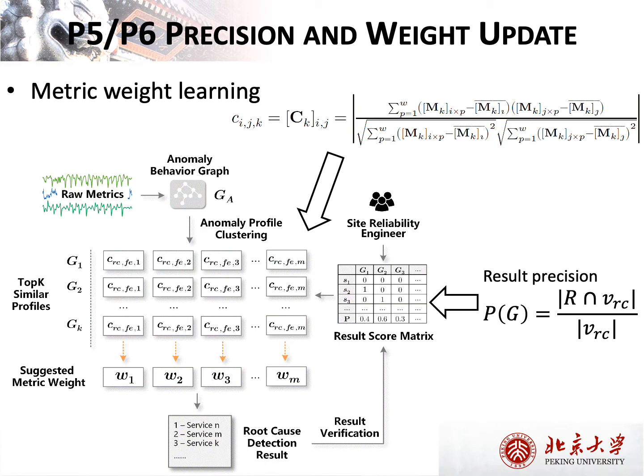Then service correlations and result precisions are calculated from historical data, denoted as C and G. Finally, these two pieces of information are averaged together as the updated metric weight W1 to Wm. The updated metric weight will be used for behavior graph construction as well as root cause detection in the following stages.